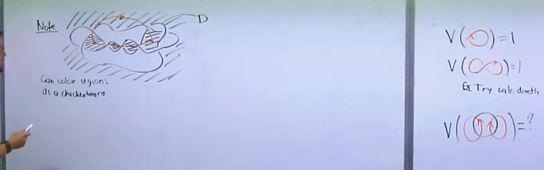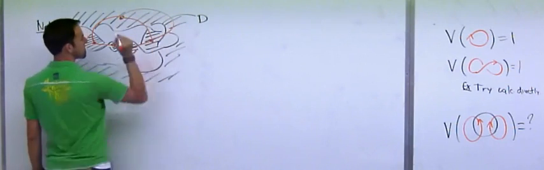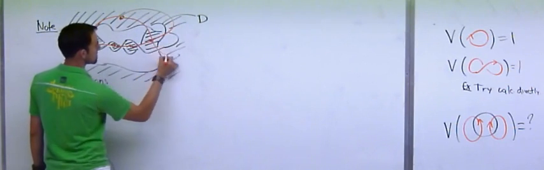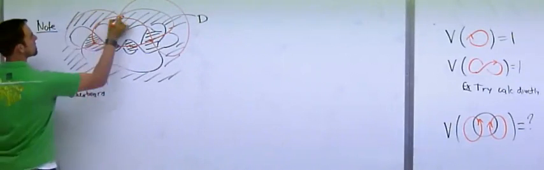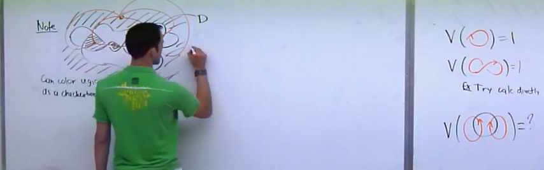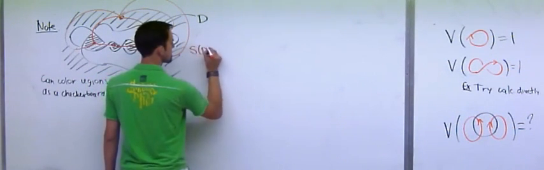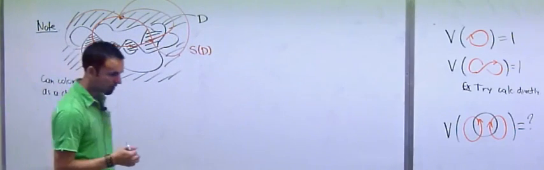And there's more. Because this guy and this guy also share this one. And this one. And this one. Is that it? That's it. So this is going to be the signed graph of the diagram.